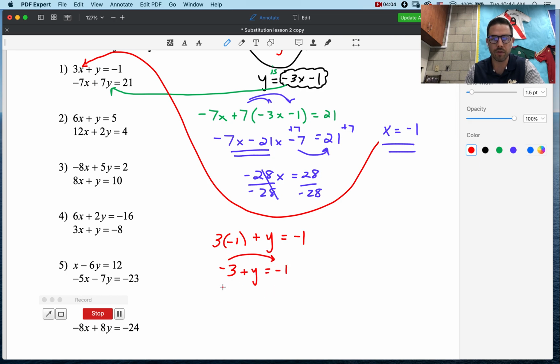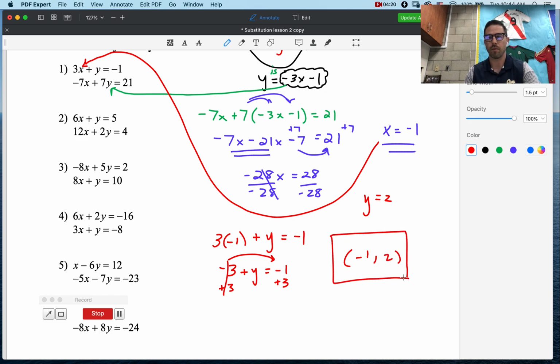And move it over to the other side. +3, +3, and it looks like y is 2. So our answer, we put the x first, we put the y second, and there it is.